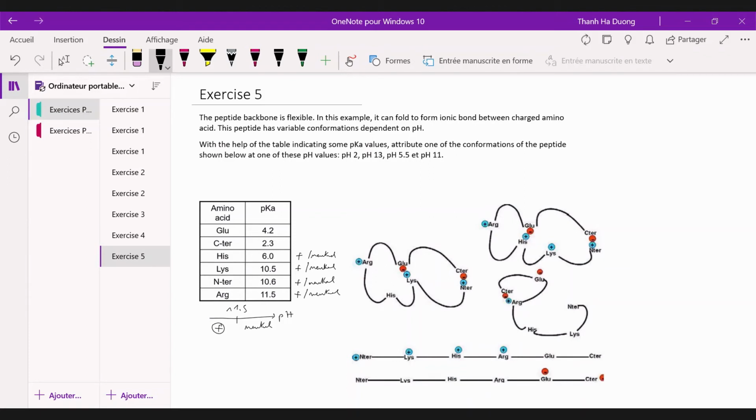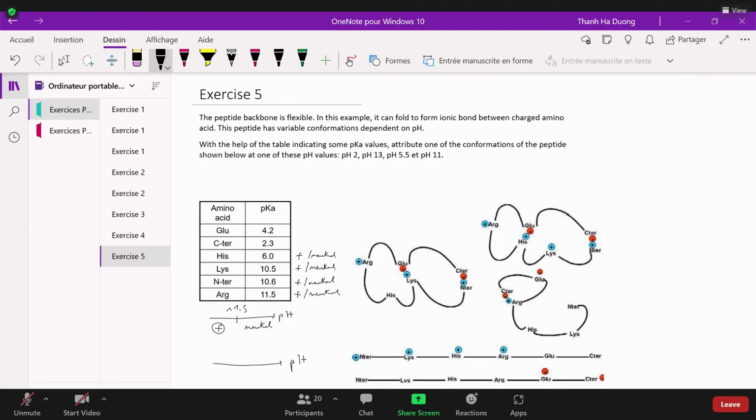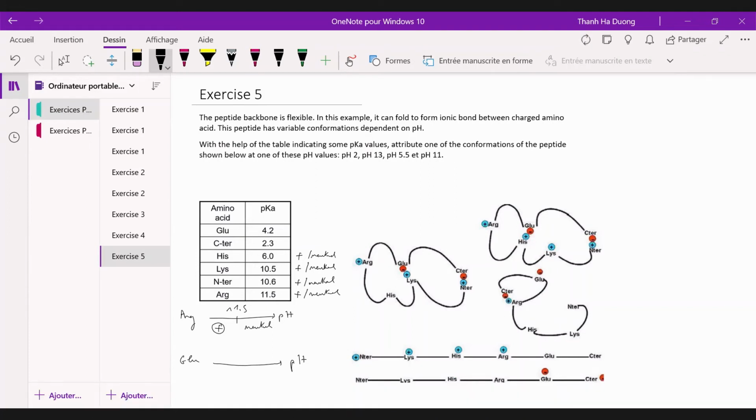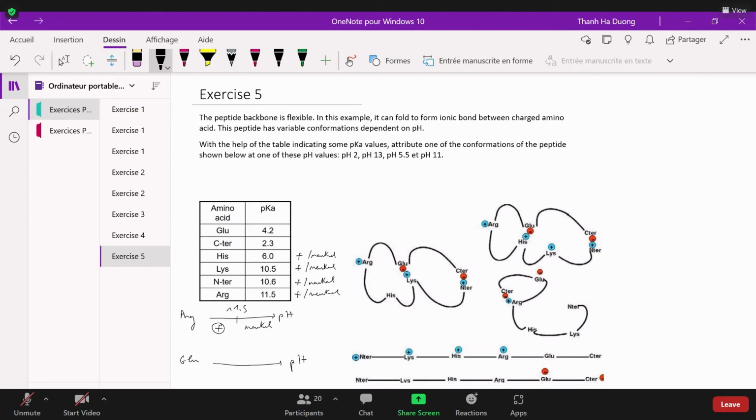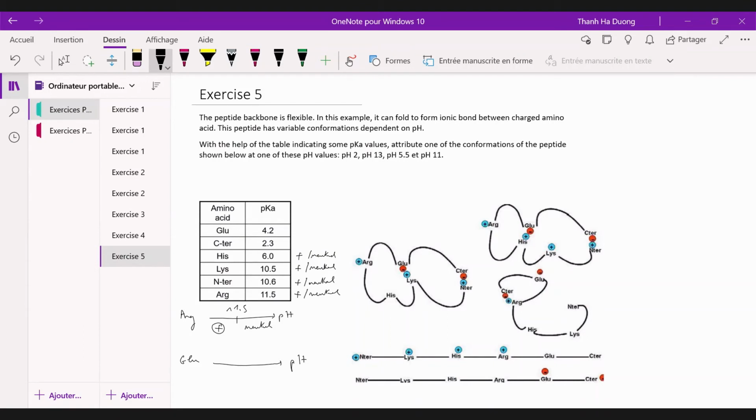Because they bear a nitrogen atom with hydrogen, they can be positively charged. But if we take glutamate, for example, the side chain bears a carboxylic group, so it's oxygen.